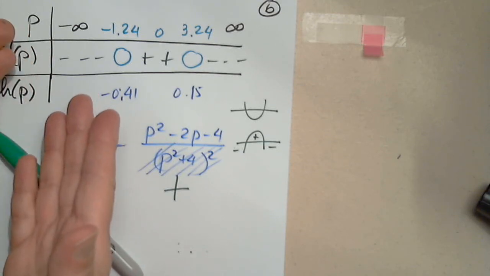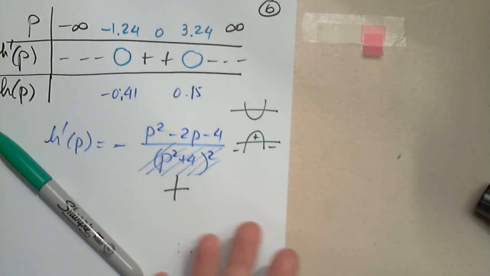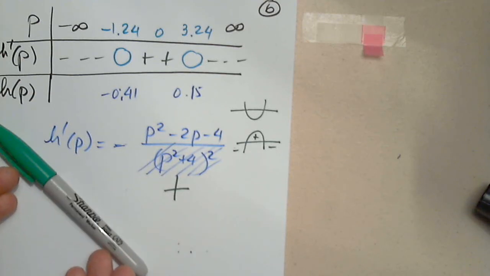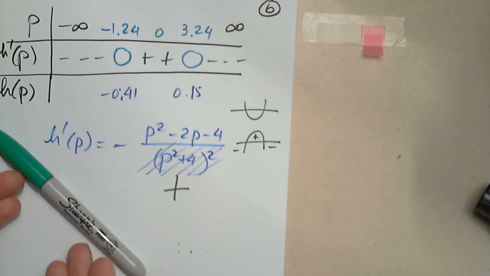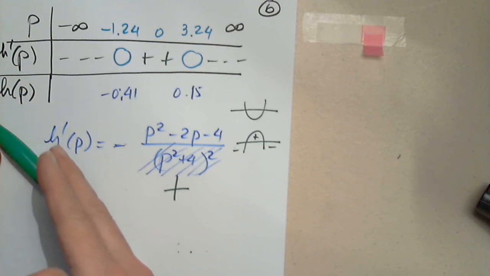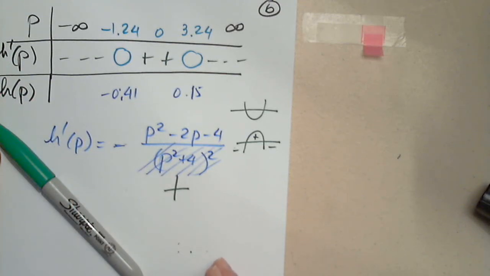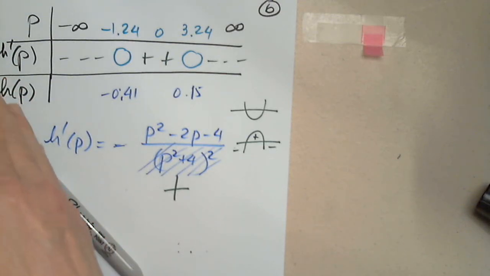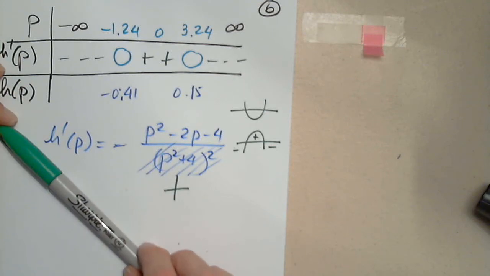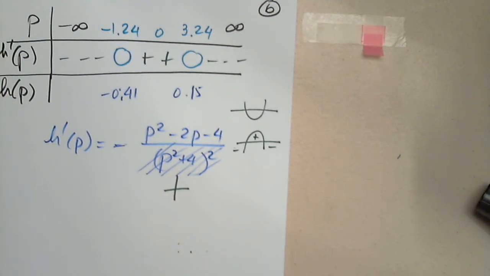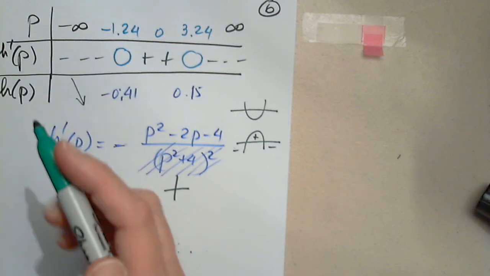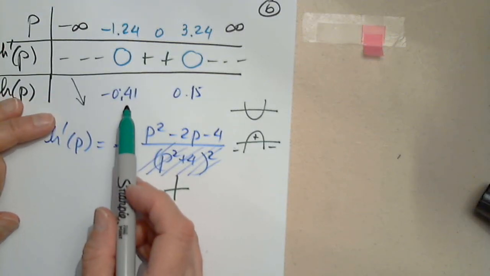In other words, the slope to the graph of p is negative. If the slope is negative, what does the function do? When the slope is negative? Decreases. Of course. So this must, from whatever, decrease to this point.